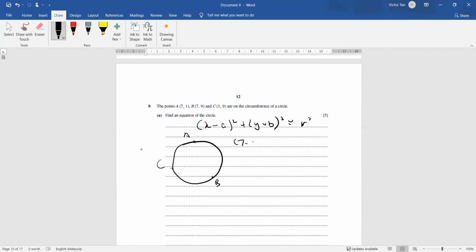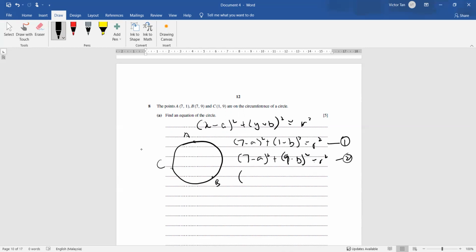So you have 7 minus a squared plus 1 minus b squared equals r squared. Second equation, 7 minus a squared plus 9 minus b squared equals r squared. This is the first equation. This is the second equation.